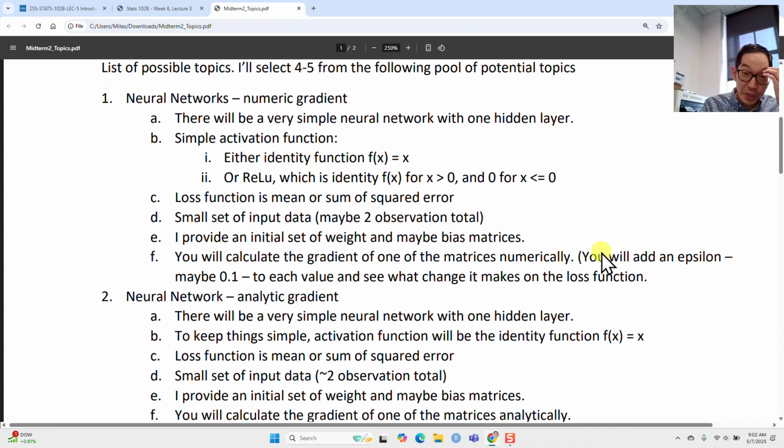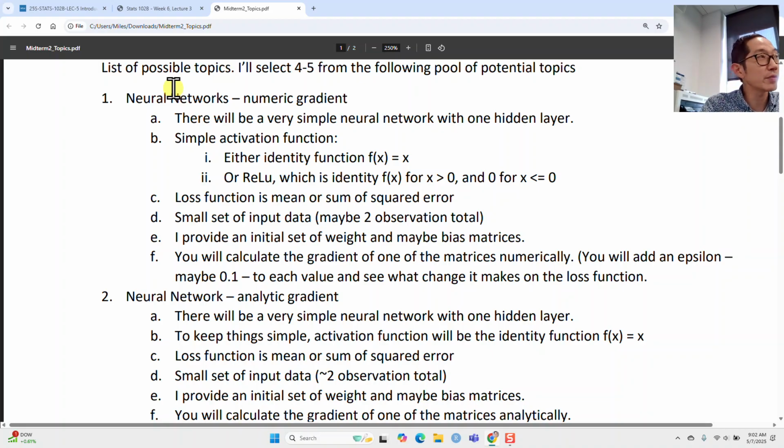One is to calculate a numeric gradient for a neural network, and this will be a manual calculation of the numeric gradient.